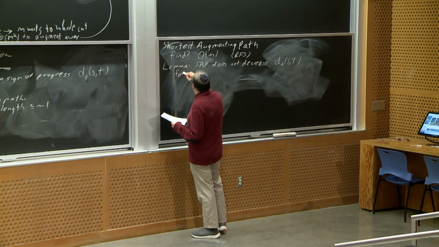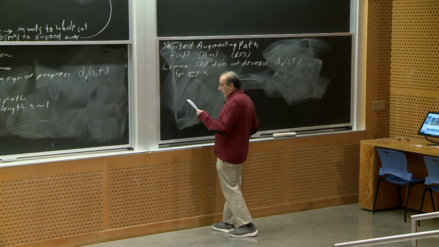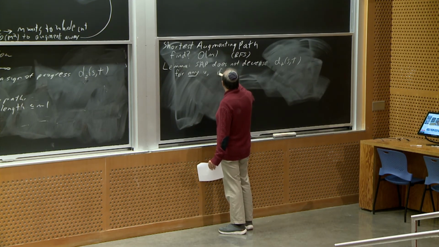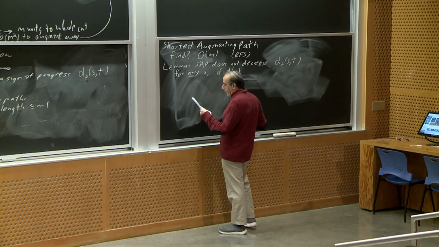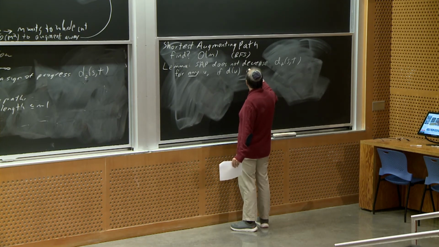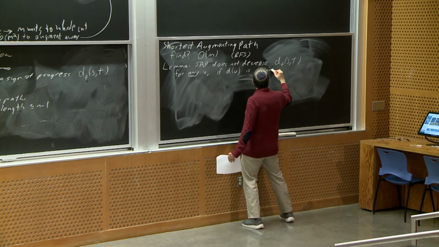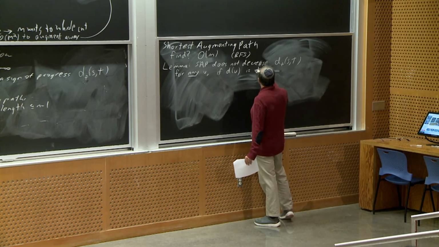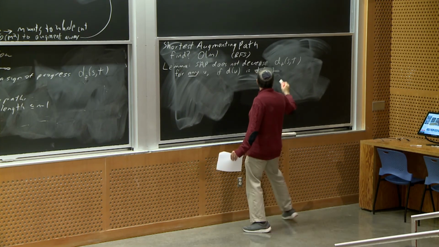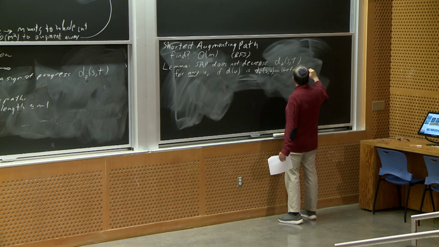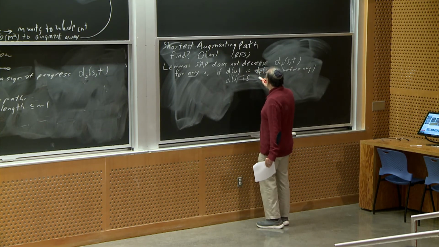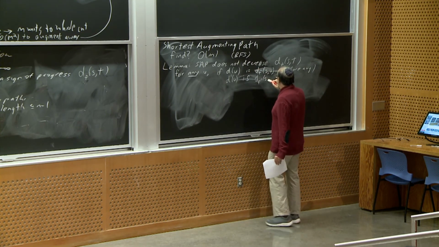For any vertex V, I'm going to let d of V denote the distance, or let me just write it as d sub f of S and V, before the augmentation. And d prime of V is the distance afterwards.